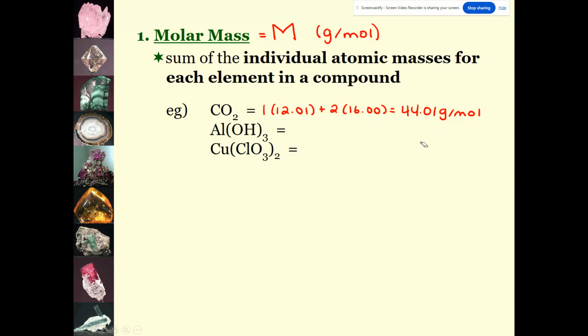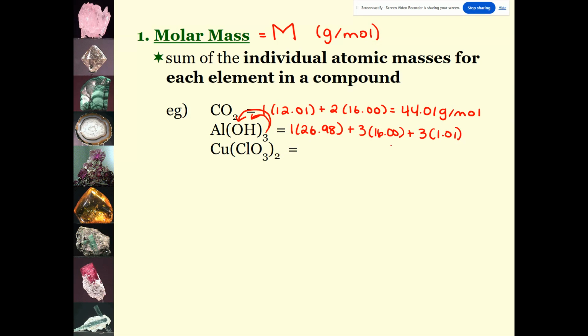Okay? The next one, I have aluminum. There's 1 aluminum, which is 26.98. There is a 3 in brackets after the hydroxide. So everything in the brackets gets multiplied by that number. So there are 3 oxygens and 3 hydrogens.